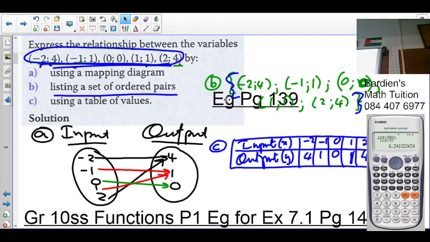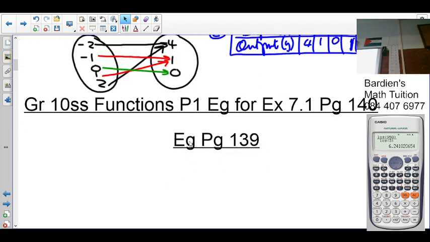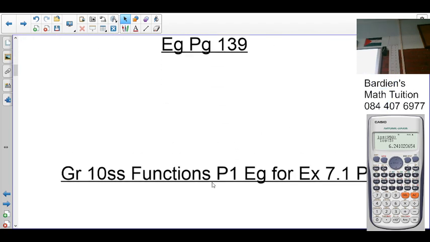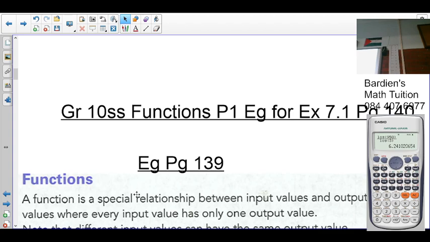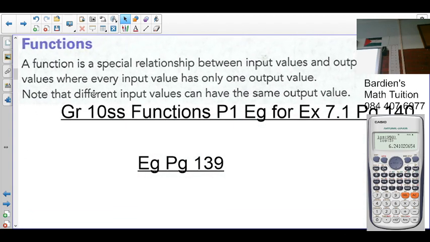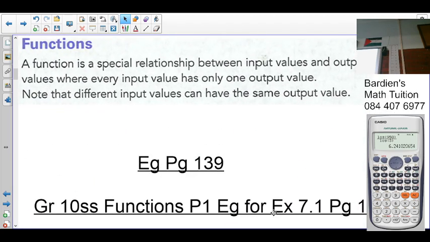So now we're reading at the bottom of page 139. You have written this down already, right? A function is a special relationship between the input values and the output values, where every input value has only one output value.